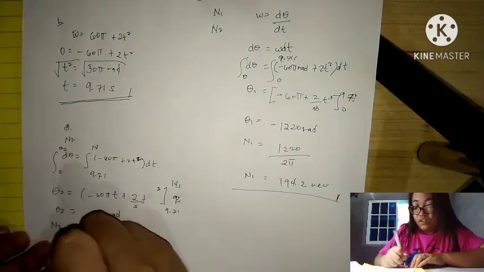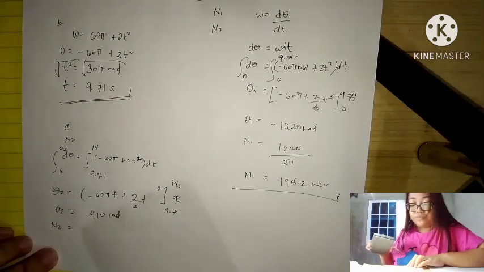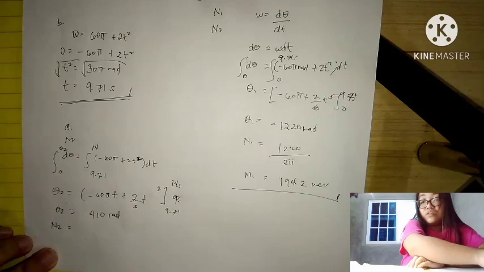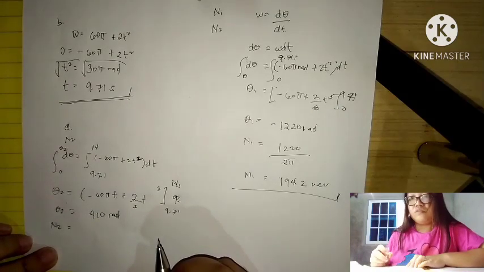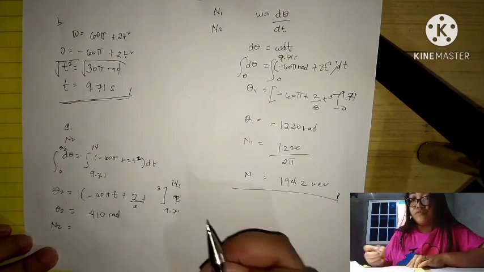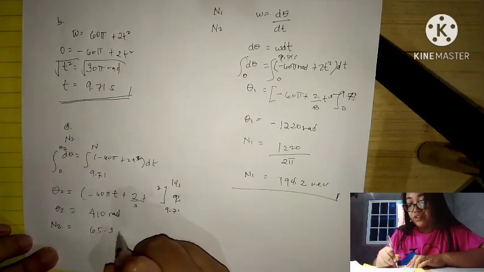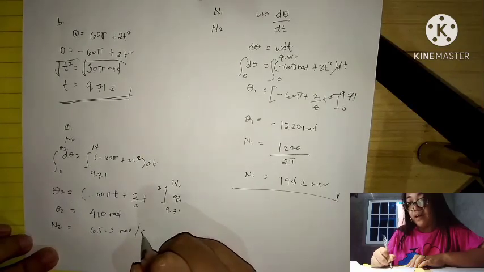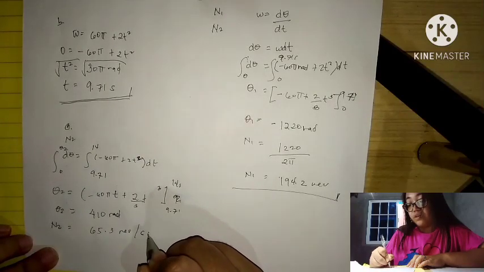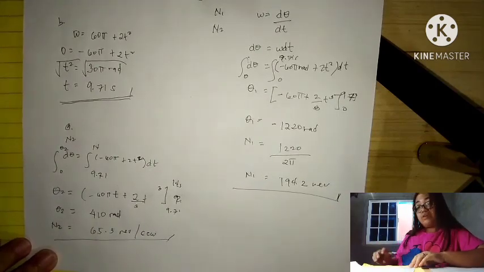Then, yung N2 natin, kinonvert natin siya sa revolution, 65.3 revolutions counterclockwise. So, N2 nakuha na natin.